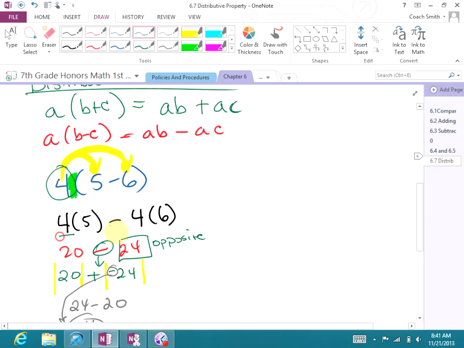But when we distribute it, we now have 2 4s because we distributed the outside to the inside. Okay? Well, if we were to take this problem right here and we were to reverse it, then it would look like this when we reverse it.